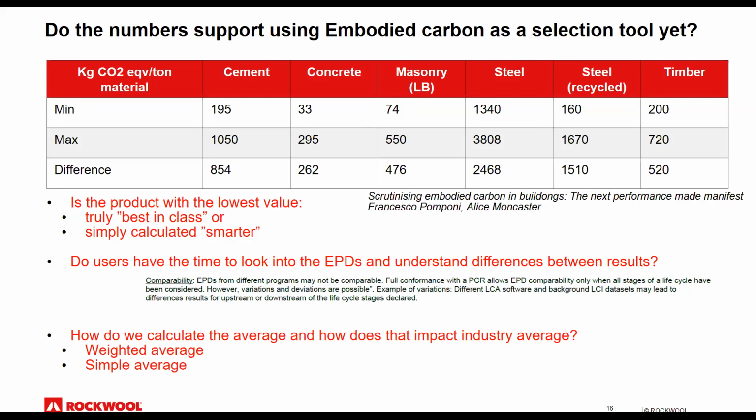For me, that highlights some of the challenges we have working with EPDs and getting these numbers. Are we choosing the materials which actually are best in class, or are they simply calculated smarter? I can see from the work that we're doing that you actually can calculate quite smart and get some values that are lower than what you should be showing.